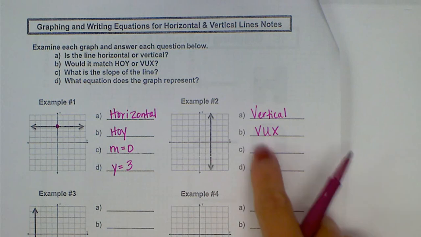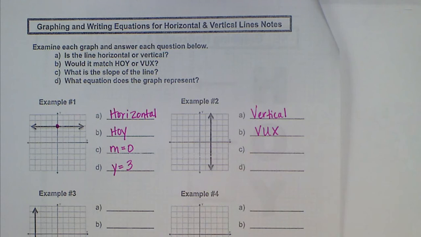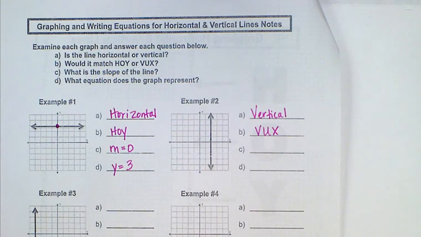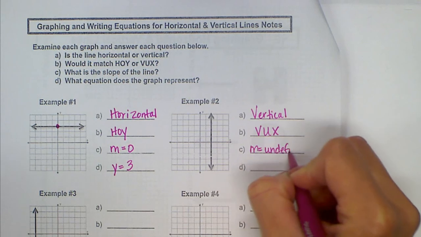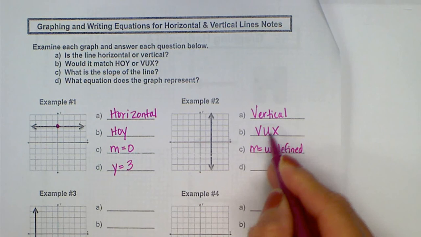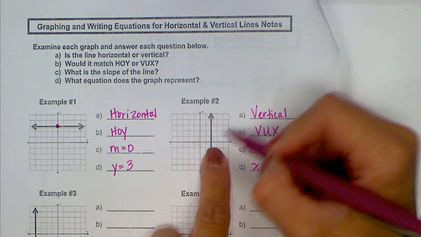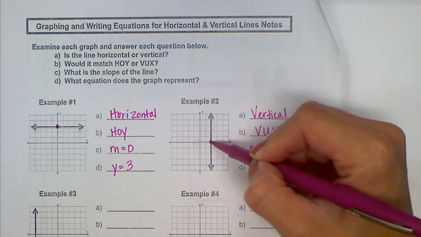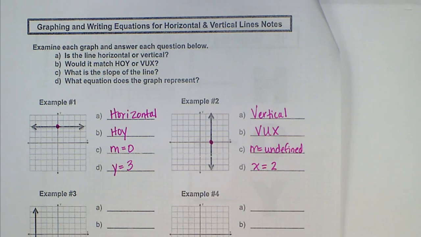Now remember, the V stands for vertical, U stands for undefined, so no slope, so m equals undefined, and now because there's an x here, that's how you write x equals, and then it's just a number, and it's the number where the line is passing through the x-axis. So x equals 2.